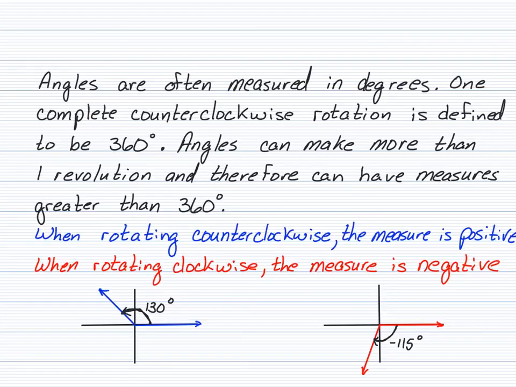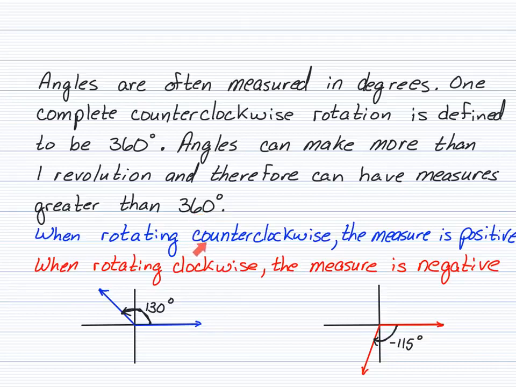All right, so angles are often measured in degrees, and that's what you're probably most familiar with from geometry. One complete counterclockwise rotation is defined to be 360 degrees. Angles can make more than one revolution and therefore can have measures greater than 360 degrees.